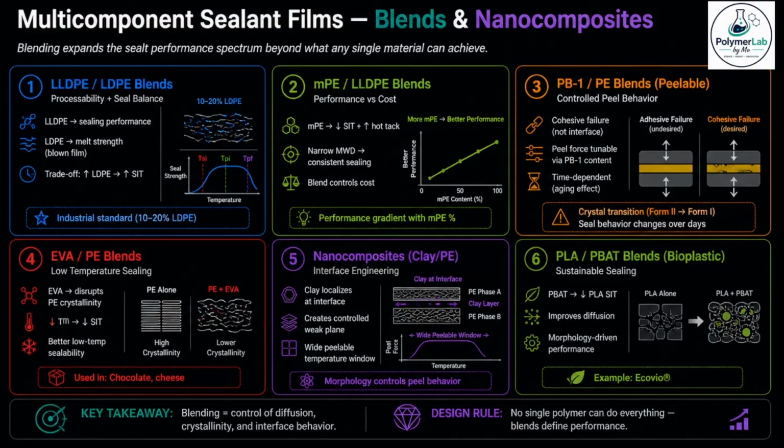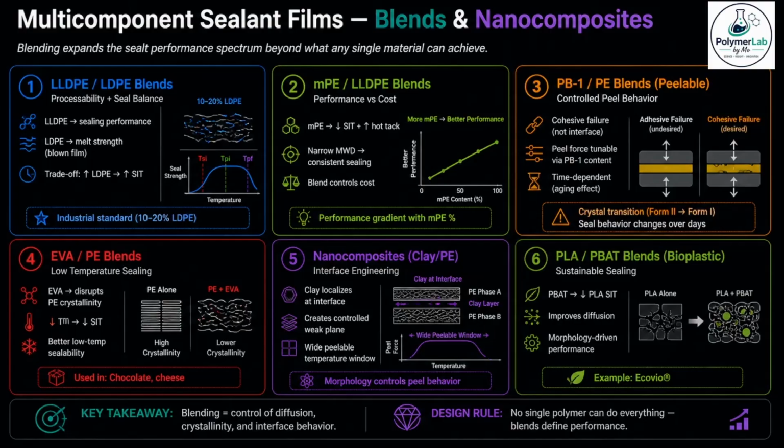An important complication: PB1 undergoes a slow crystal form transition from Form 2 to Form 1 after processing. This changes the seal behavior over several days after manufacturing. The sealant ages, so qualifying peelable seals requires aging studies, not just immediate testing.